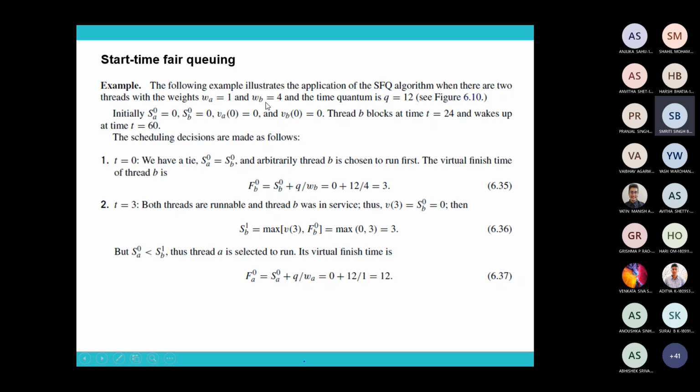There are two threads running, where the weight assigned to thread B is 4. Then what is the finish time? Finish time is nothing but start time plus the total quanta divided by 4.